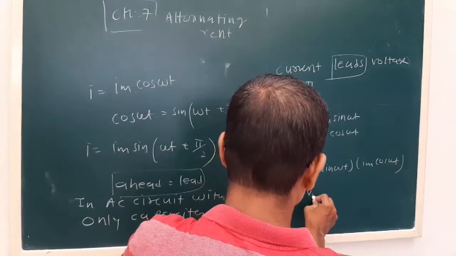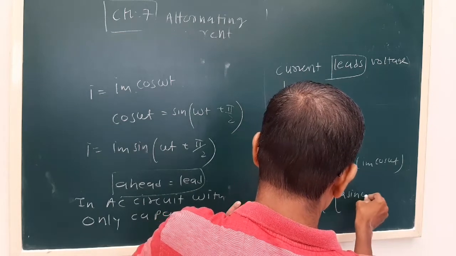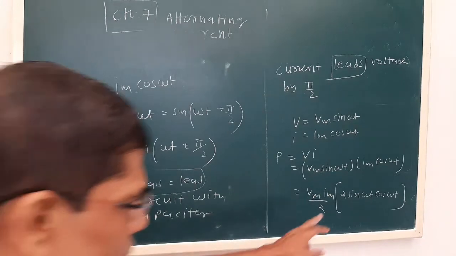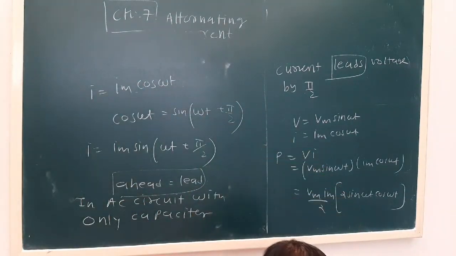Now this we can write as Vm Im; what do I do? Divide and multiply by 2. So that will become 2 sin omega t cos omega t. Now this is again sin 2 omega t.